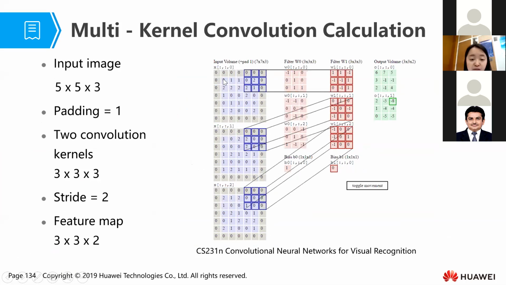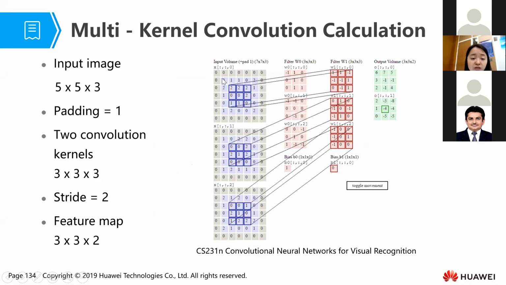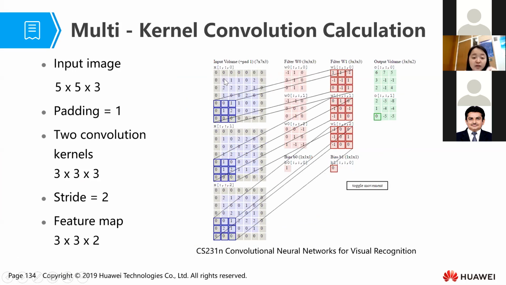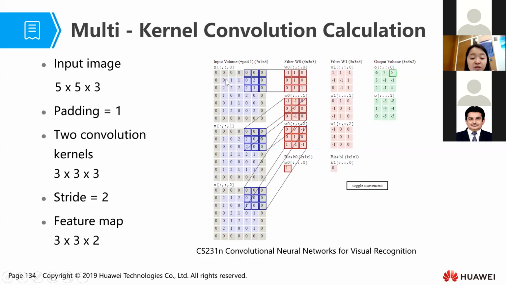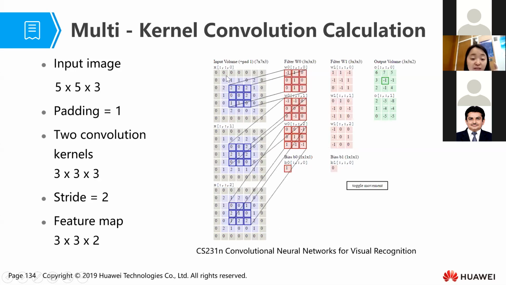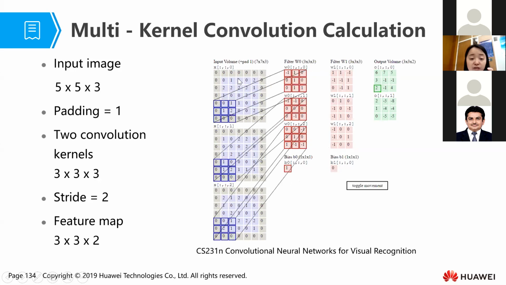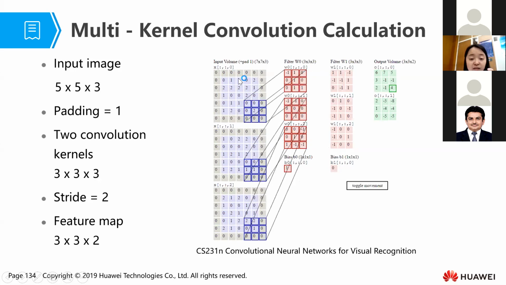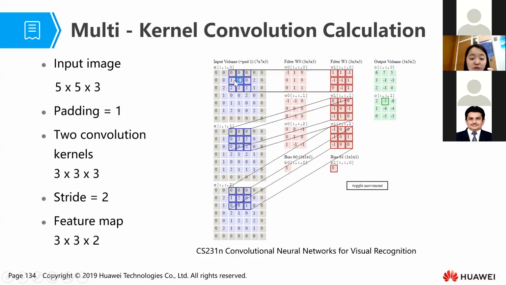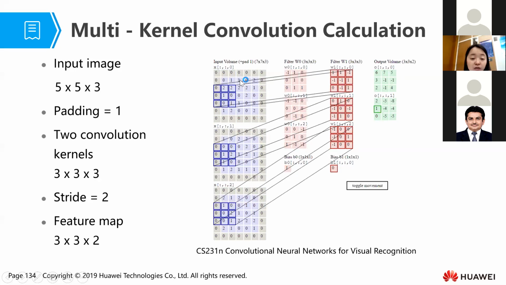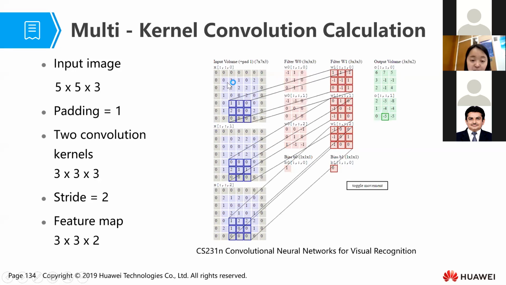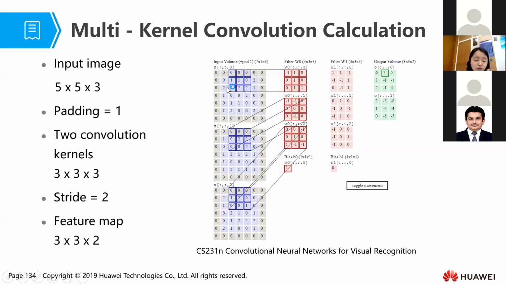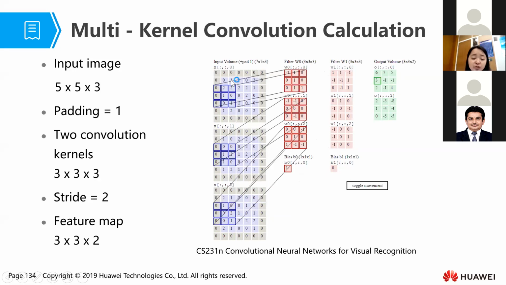For the first calculation, the central point may be here, the first 0, and the next time the central point would move to here, the second one, and then the central point will be moved to here. That means we do convolutional calculation every 2 pixels.